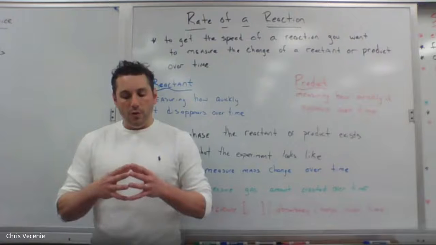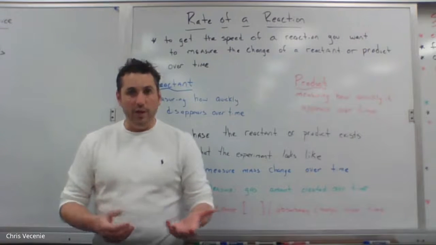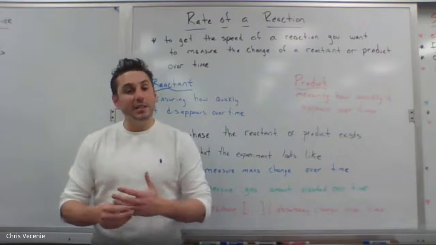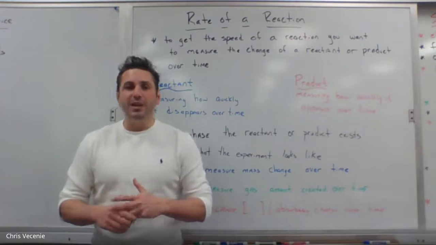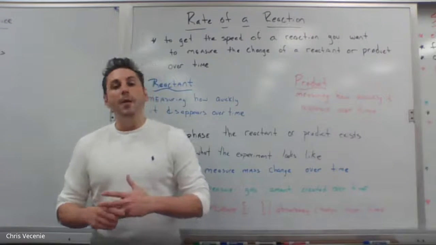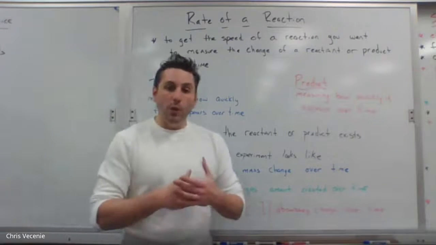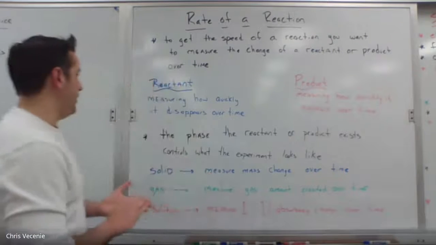Some phases of products are easier to measure than others. Sometimes you're going to find out working with gases can be difficult. So measuring how quickly a gas disappears can be tricky. Measuring how quickly it appears, not as much. So it really depends on what the reaction is, who are the parties participating, and what we do.